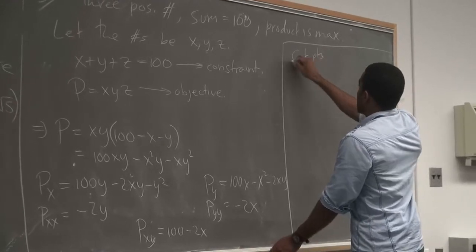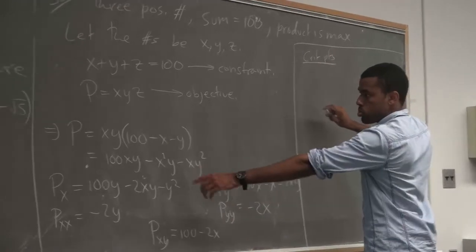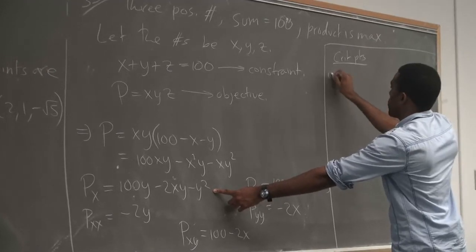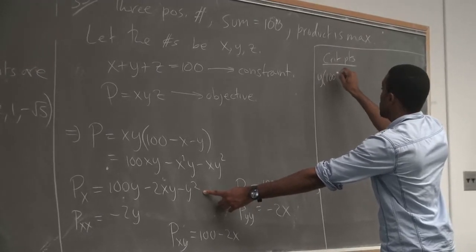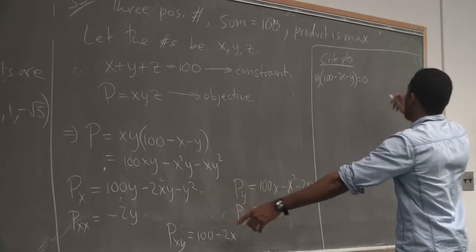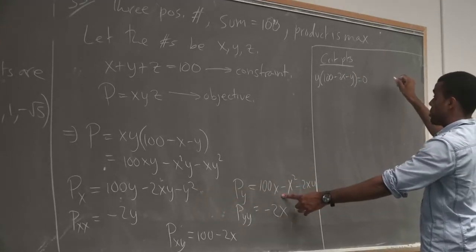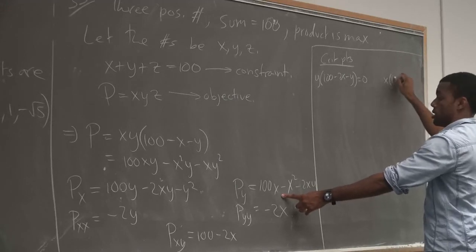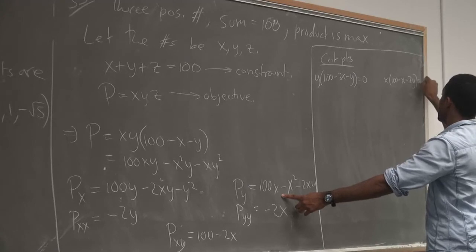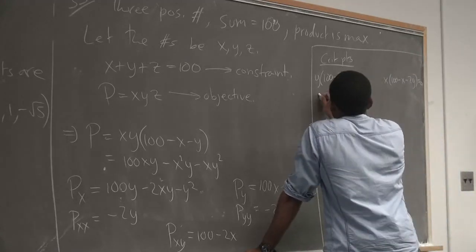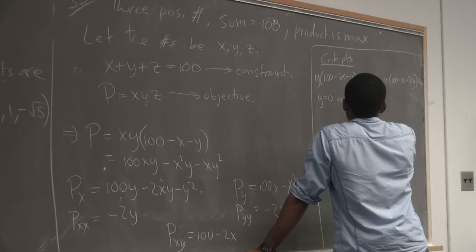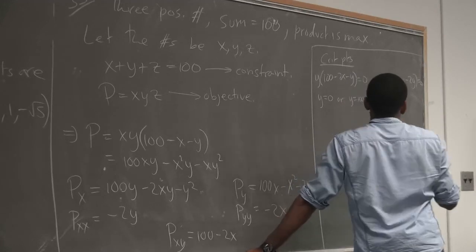So for critical points, we have what? We have y times (100 minus 2x minus y) equal to 0. And we have x times (100 minus x minus 2y) equal to 0. So here I can have y equals 0 or y equals 100 minus 2x.